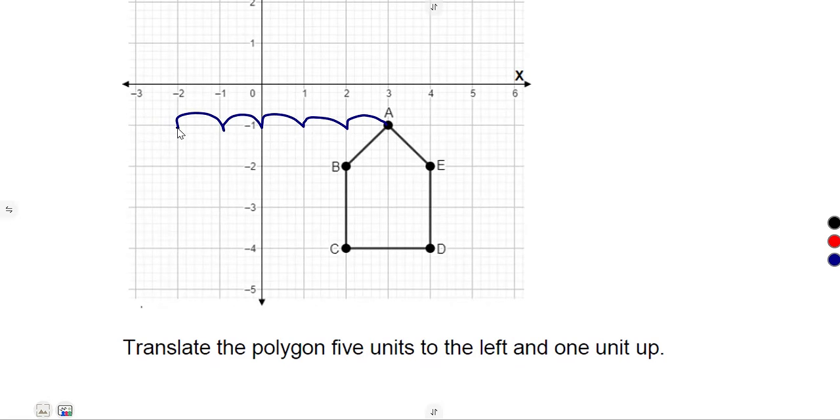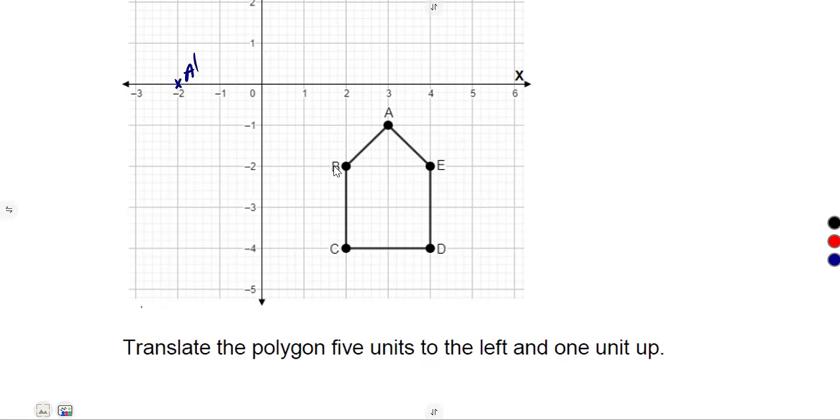These are 5 units to the left. And 1 unit up, we go up 1 unit, only 1. So we end up at minus 2, 0. That is our end point. That's where we're going to find the image of A.